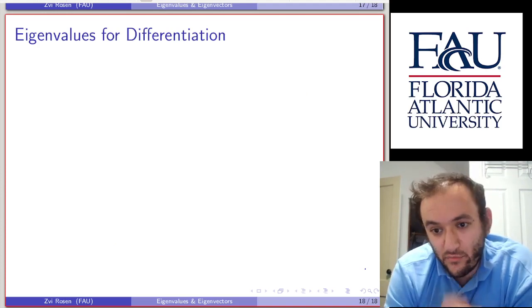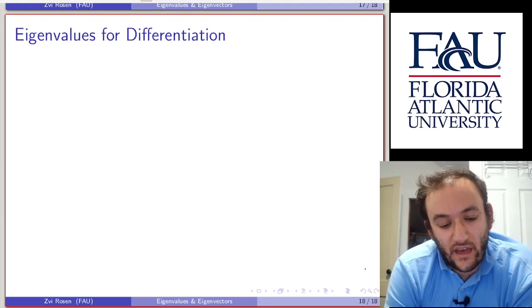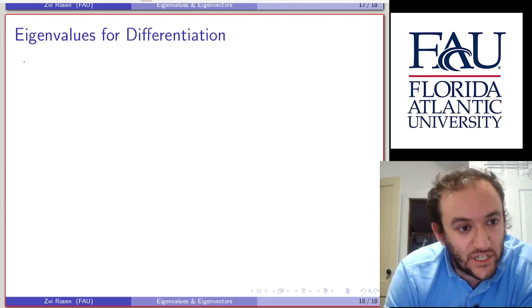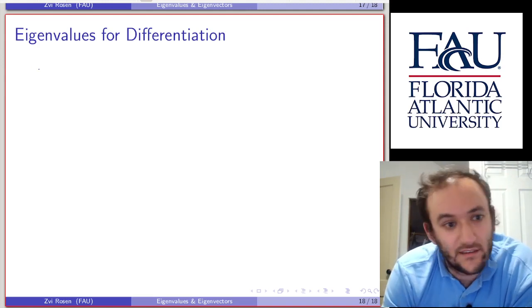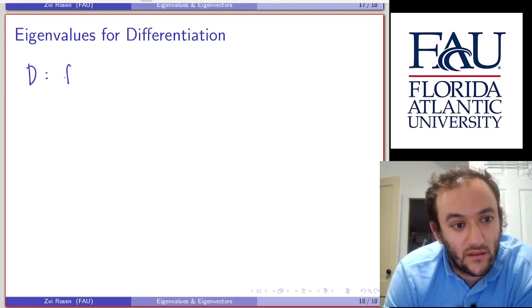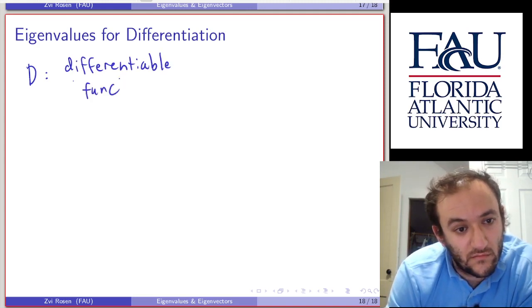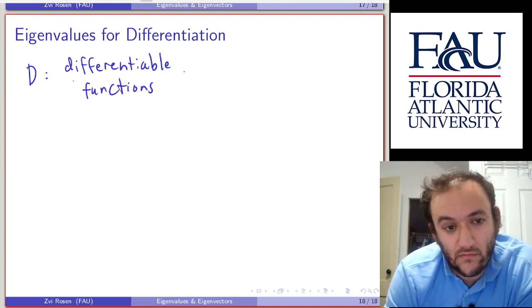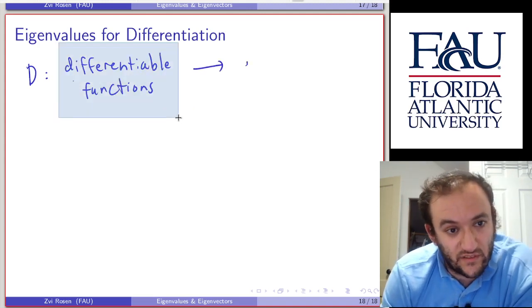Now let's take a brief digression to talk about eigenvalues of differentiation. So we know that differentiation from calculus, we can think of it as a map from the space of differentiable functions to itself, to the space of differentiable functions.